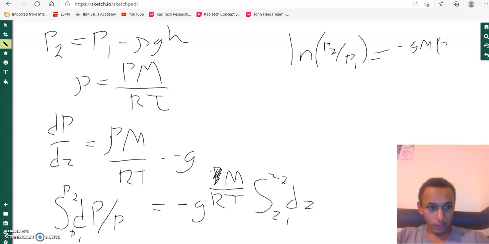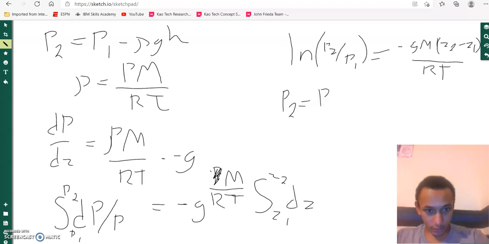So Z2 minus Z1 over RT. We can exponentiate this and move the P1 to the other side. And using the natural log rule, we'll get P2 equals P1 times the exponential.